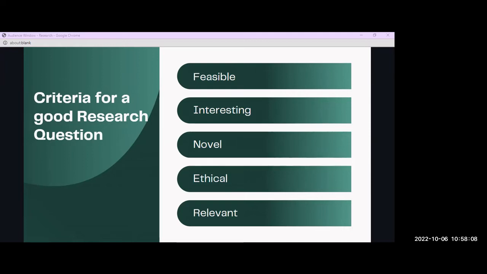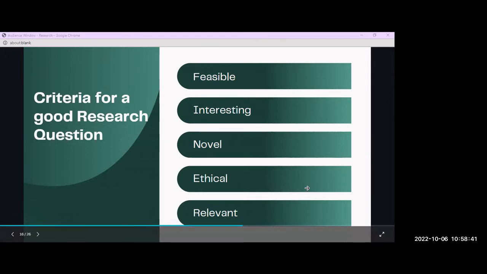And then your study must be relevant. Okay? So the relevance of the study is that your study can be used for decision making, as an intervention or as an enhancement of a certain policy or program. We are not conducting research only to contribute to the body of knowledge.